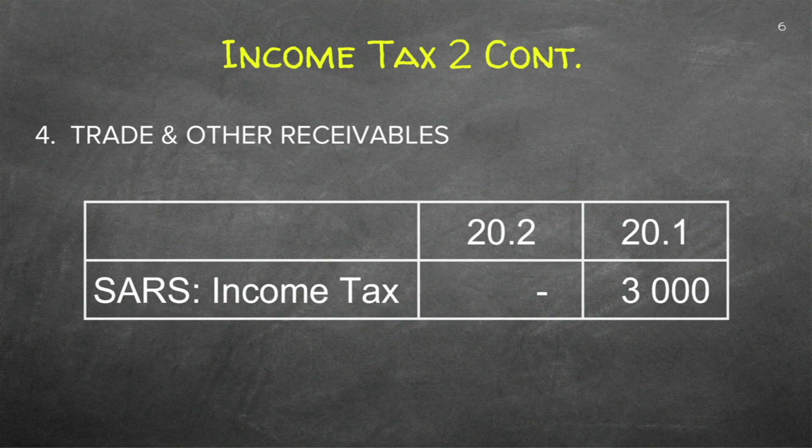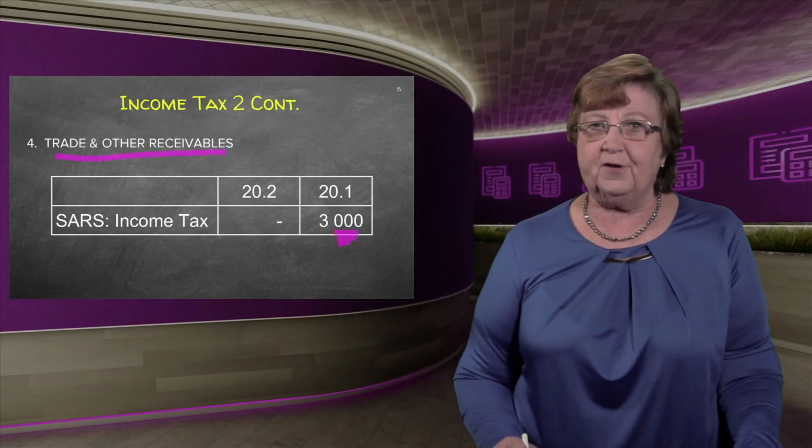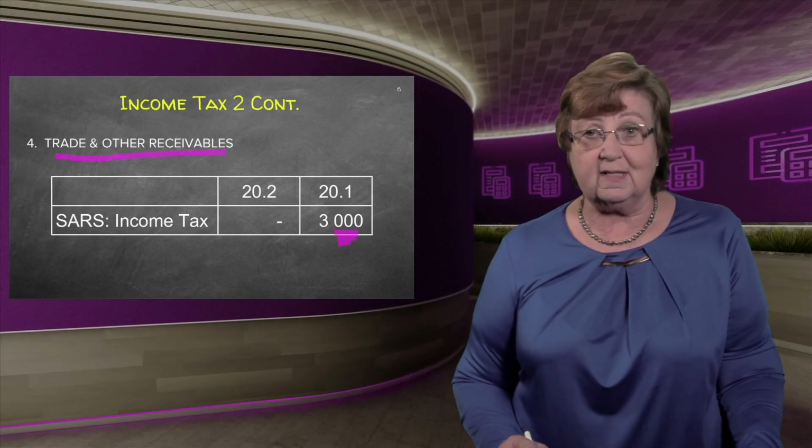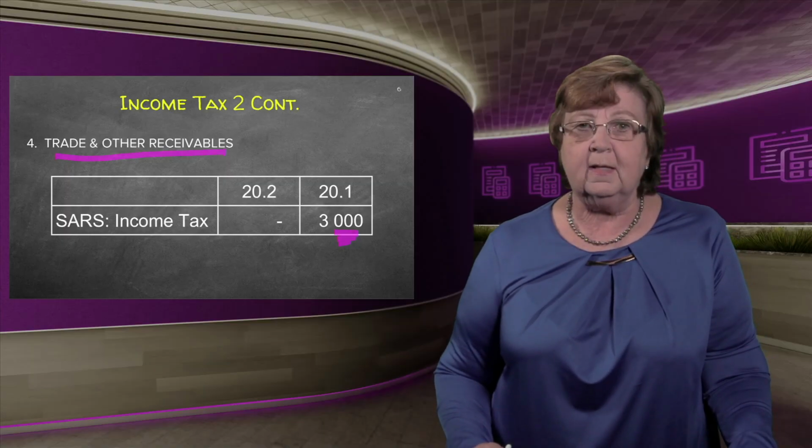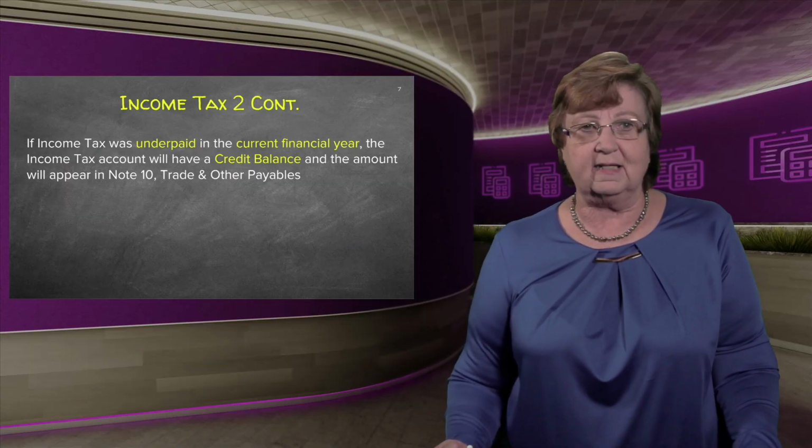What does that look like? My note, trade and other receivables. At the beginning of the year, 3,000 Rand, because we overpaid SARS. Please note at the end of the year, we have not overpaid SARS. We've obviously underpaid SARS. So let's take it to the next step.